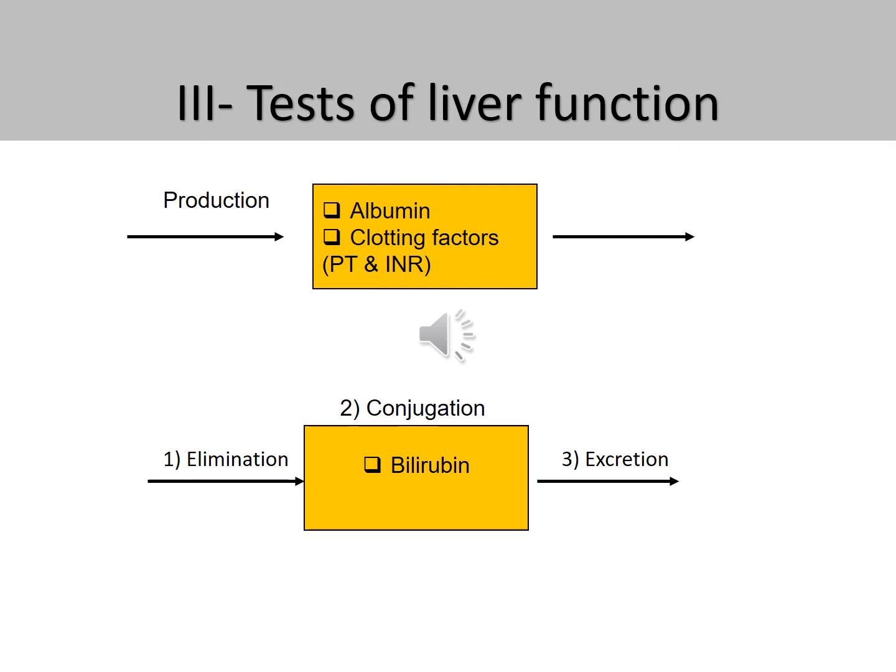So the bilirubin level is affected by liver function. The liver cell has 3 roles during the cycle of bilirubin: elimination from the circulation, conjugation inside the liver cell to convert water-insoluble bilirubin into water-soluble bilirubin, and lastly, excretion of the conjugated bilirubin from the liver cell into the biliary tree.